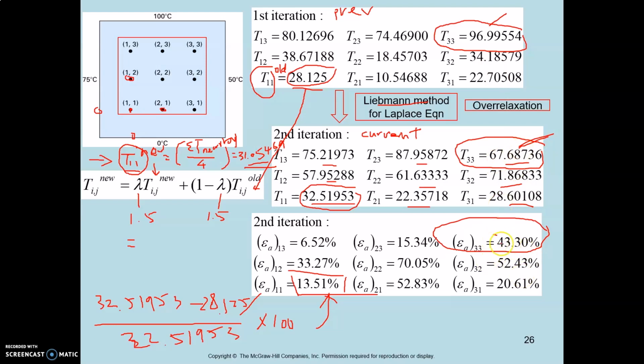So why don't we have a negative value here? Because we take the absolute value. For all the approximate errors here we take the absolute, so we just look at the positive. We just want to know the magnitude, whether it's less than 1% or not. Now we compare all the percentages here, and we find that they are still more than 1%. So we still need to continue for the third iteration.